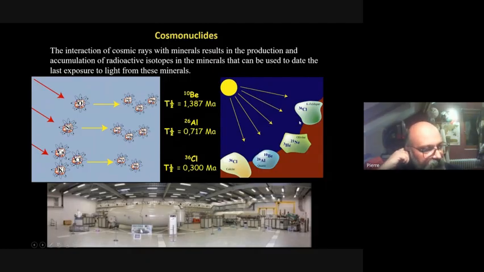So that can give you a way to date the deposit of sediment, for example, or the digging of a valley or something like that. It's very powerful in order to date sediment and the exposure to the solar ray and also the cosmic ray of this kind of minerals.